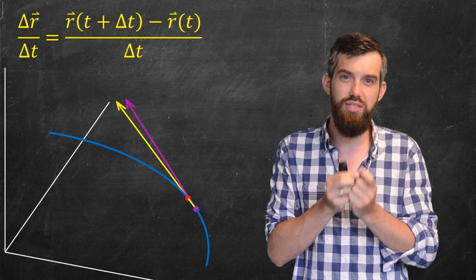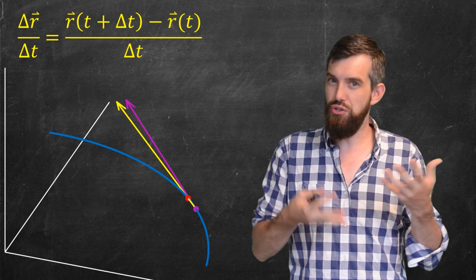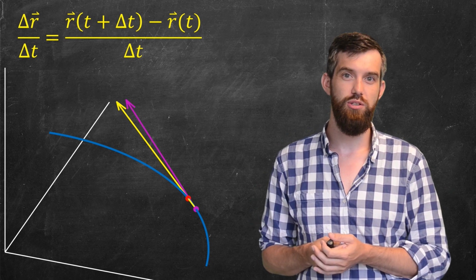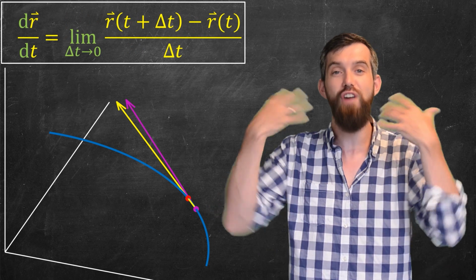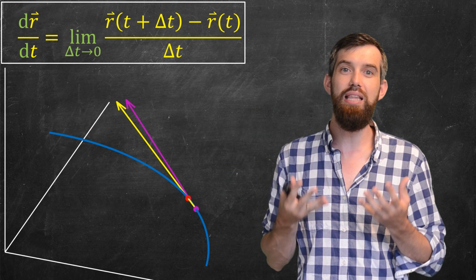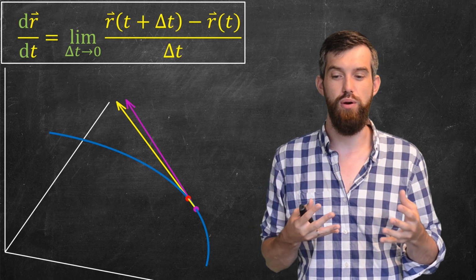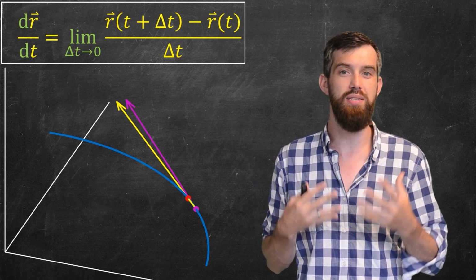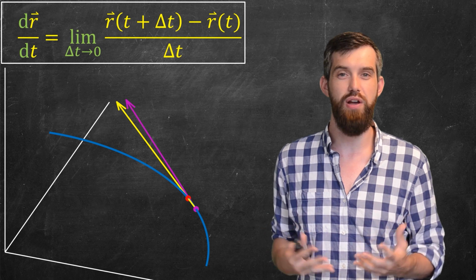And now what you'll see is that that yellow vector, the difference quotient, is getting closer and closer to my goal, the tangent vector. So let's put this in a limit, and that will be our definition. Namely, we will define the derivative, dr dt, to be the limit as delta t goes to 0 of the difference quotient, r of t plus delta t minus r of t, all divided by delta t. That is going to be my definition of the derivative of a vector valued function.